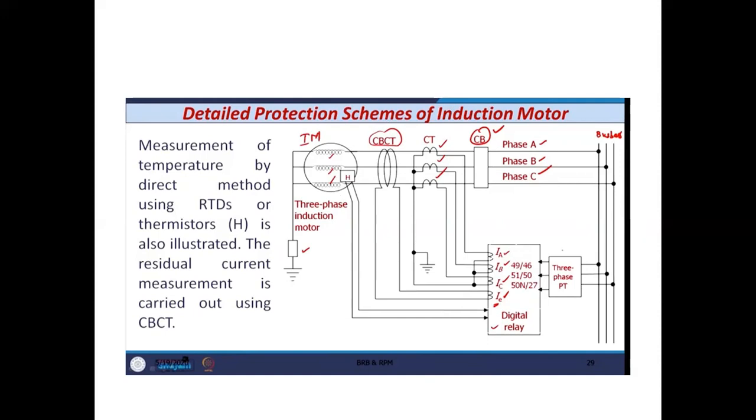You can see that along with this induction motor, three CTs are there, one in each phase, and the signals are given here: IA, IB, and IC. The signals of these CTs will be given to the digital relay.